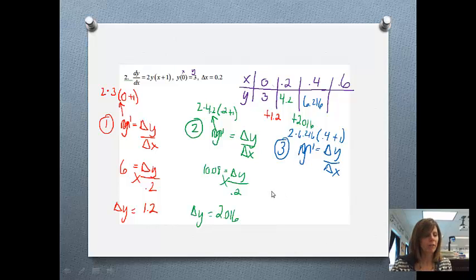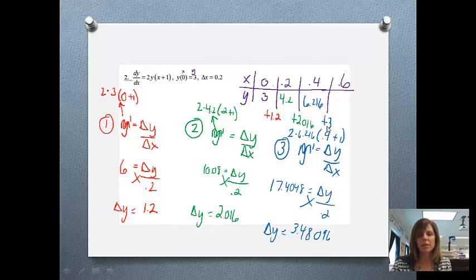When I figure that out, it's going to be 17.4048, and that's going to equal delta y over the change in x, which is 0.2. So if I cross multiply, I'm going to get delta y is equal to 3.48096. So again, since that's positive, we're going to add it, so 6.216 plus 3.48096, and when I add it, I will get 9.697.